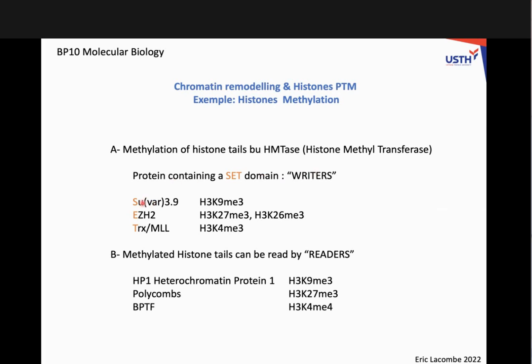This writer is able to transfer a methyl group to lysine 9 of histone H3. That's a mark. Then the reader: if HP1 is present and recognizes this mark, HP1 is going to interact with H3. So this is the reader.